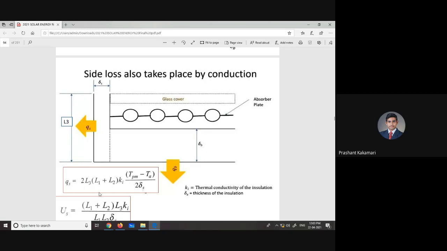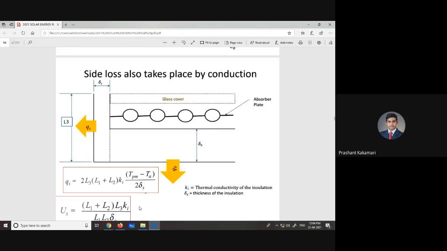So the total area in contact with the side surfaces is two times this area, into the conductivity of this insulation, how much heat transfer is going through this insulation, that can be taken as Ki, and again the temperature difference between ambient air and the plate temperature. The plate temperature we have taken as the mean, denoted by TPM, mean plate temperature, divided by 2 times delta S, because we are considering two sides of the cover or the absorber plate.